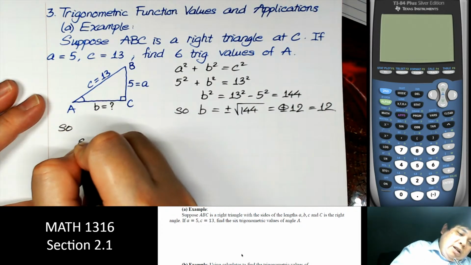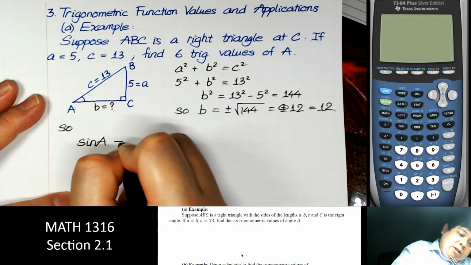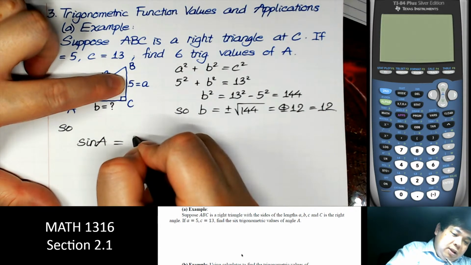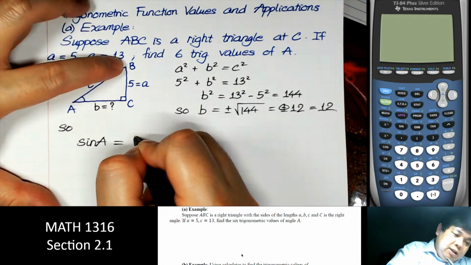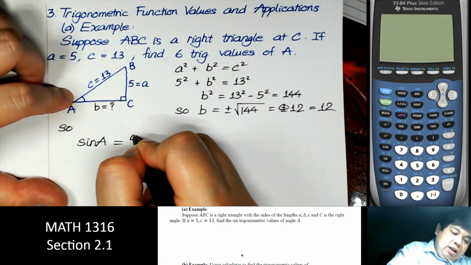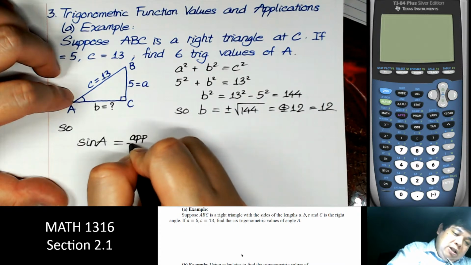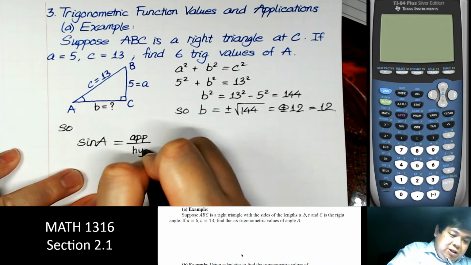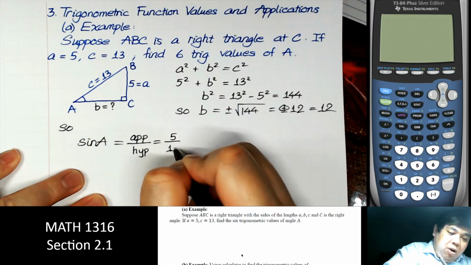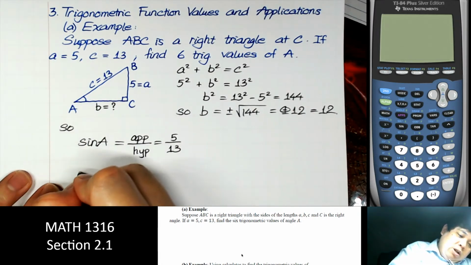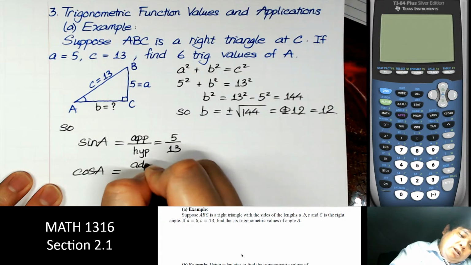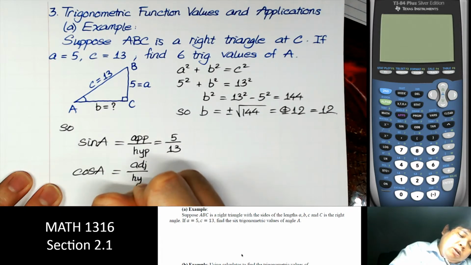So sine of A is opposite over hypotenuse. Cosine is adjacent over hypotenuse.